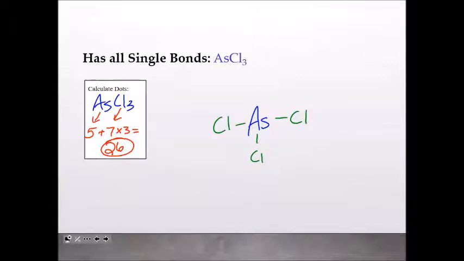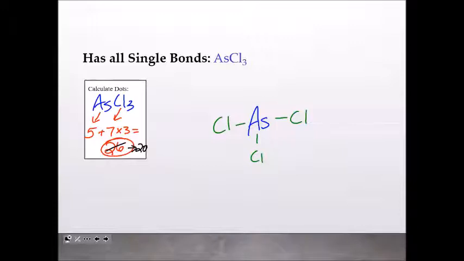Good. How many electrons did I use to form those single bonds? 6. So now how many do I have left? 20. Good. What does the next rule say? Add the lone pairs to the ligands. We've got to add them to the ligands first and satisfy their octets.